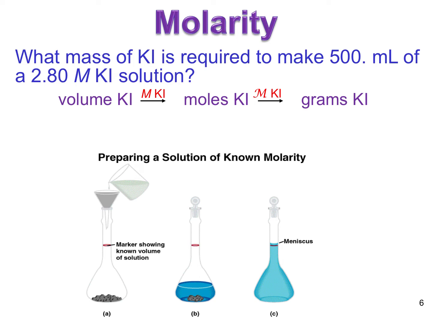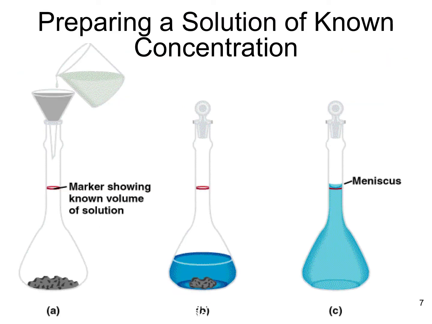The process of making a solution with a known concentration in a known volume first involves calculating the mass of the solute desired to make the solution. This amount of solute is usually added to a precise measuring instrument such as a volumetric flask.